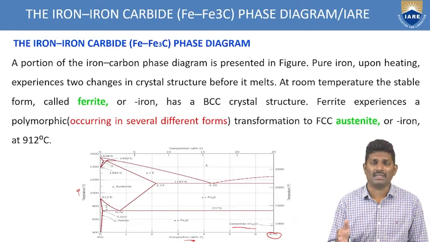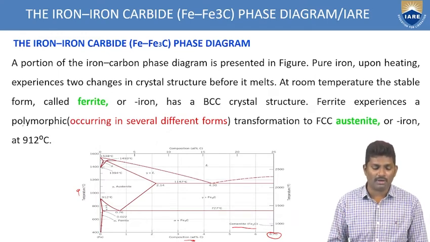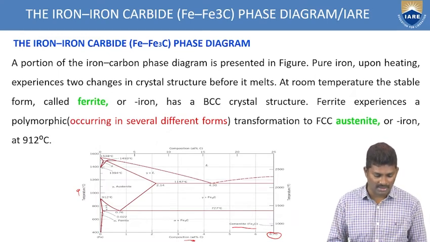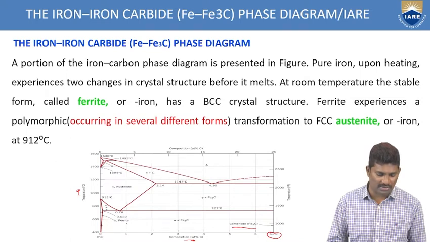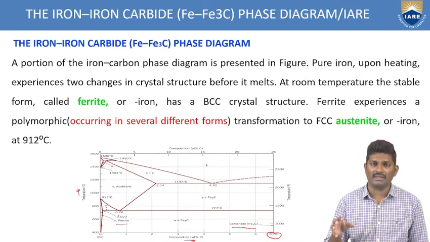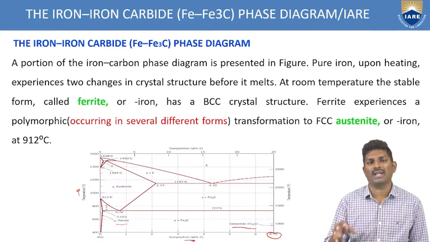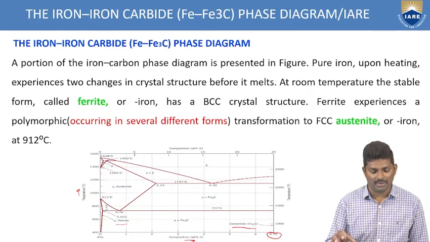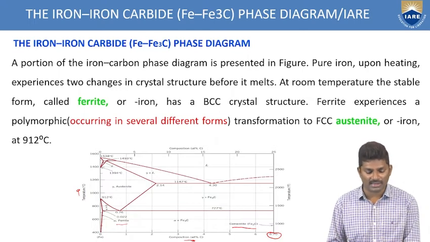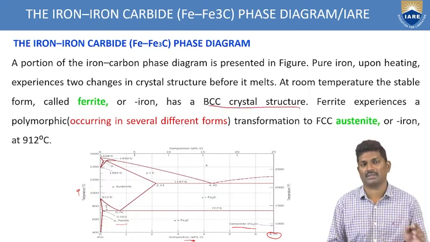At room temperature, the stable form is called ferrite. So the iron at room temperature, its stable form, is called ferrite, or alpha iron. And what is the structure? We have a BCC structure.